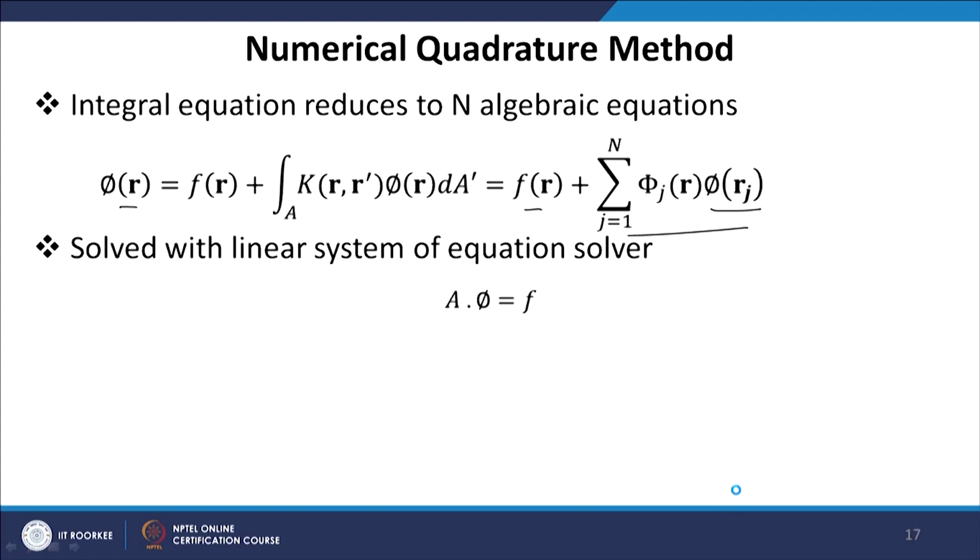So, our equation now reduces to this simple equation, which is a system of linear equations, and the unknowns are phi at the respective quadrature points. So, we have phi 1, phi 2, phi 3 and so on as the unknowns, and we can solve the system of linear equations very easily, and the method works very well.